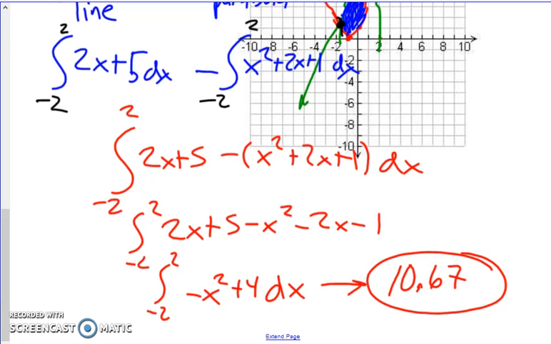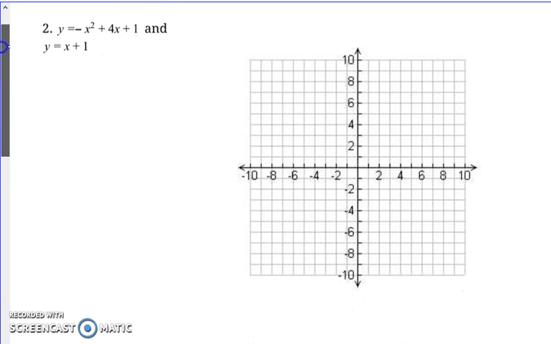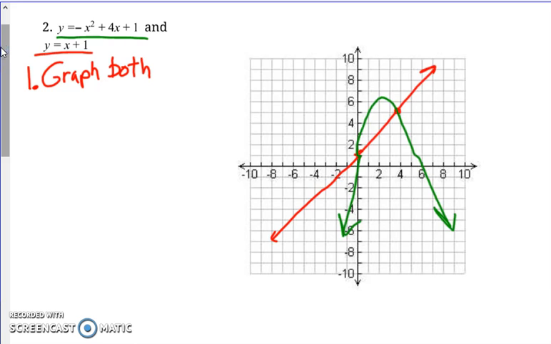Okay. Let's jump up to number 2, and I'll also write down some general rules as we go through this one. So your first step, and we're not always going to graph it, but for now, let's first graph both. So go ahead, grab your graphing calculator and graph both these. The next thing you have to figure out is where they intersect.